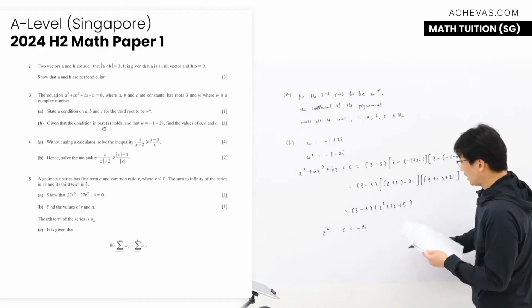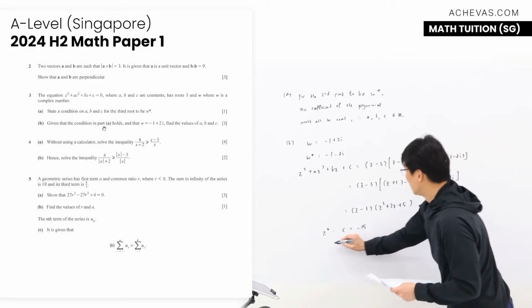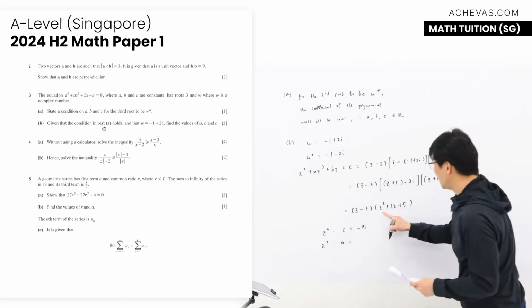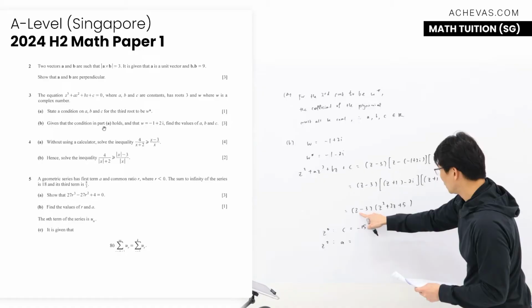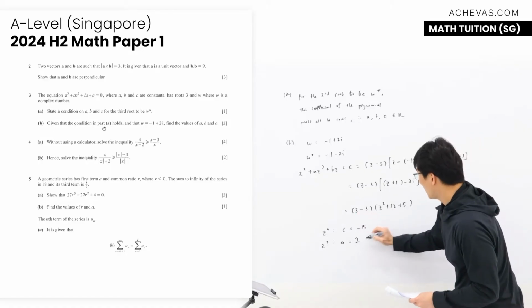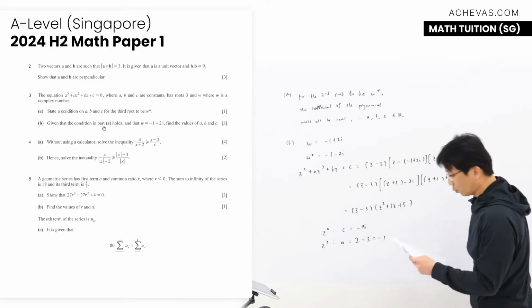As for z squared, the left hand side is a. And the right hand side is z multiplied by the 2, which is 2, and here will just be minus 3, which gives me minus 1.